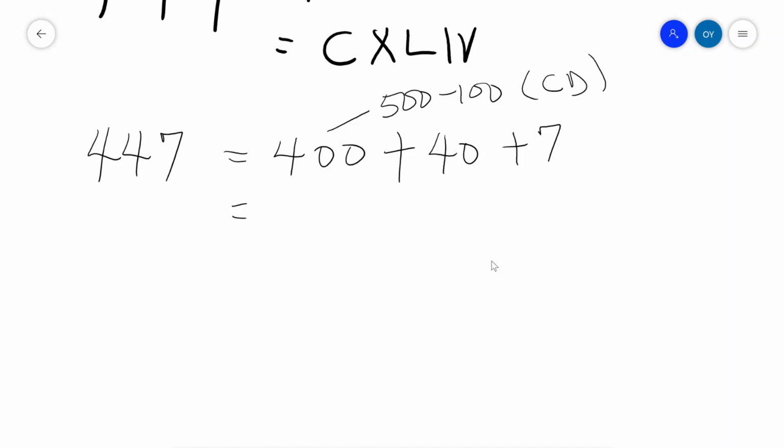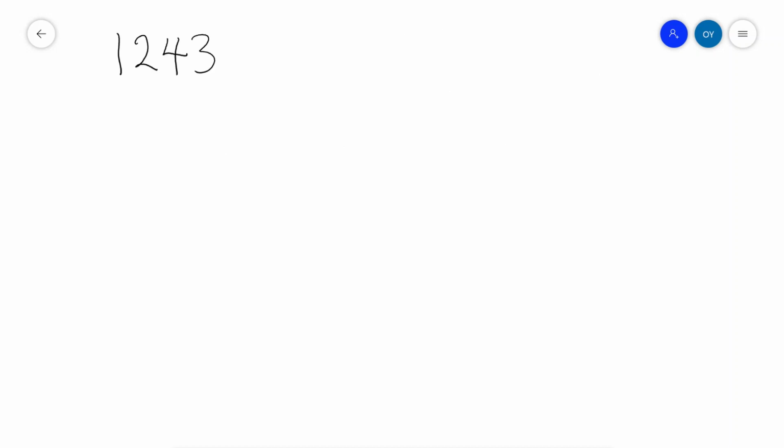So that's CD. So 400 is CD, and 40 is XL, and 7 is VII. That's 5 plus 2, VII. So 447 is CD, XL, VII.